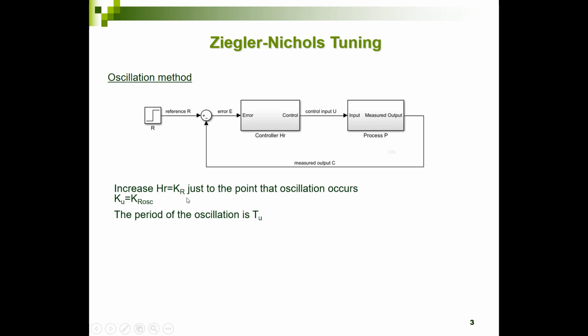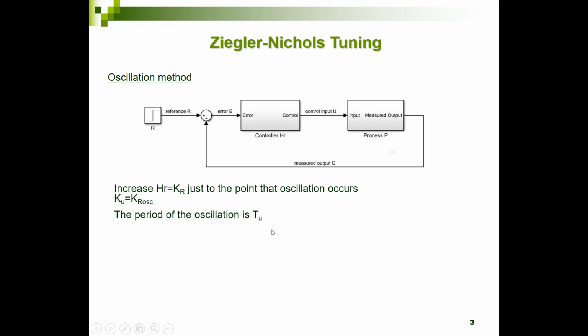We're going to increase that gain Kr just to the point that oscillation occurs. And the value at which oscillation occurs, we call that Ku. So that's the oscillation value of Kr. So the value at which oscillation starts is Ku. And we're going to measure the period of the oscillation, which we call Tu.